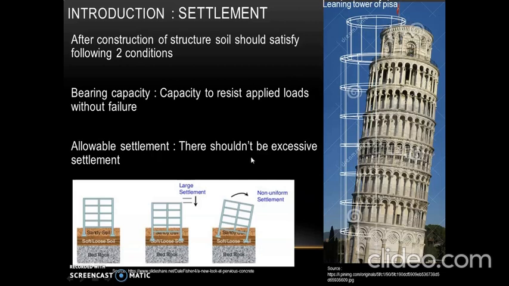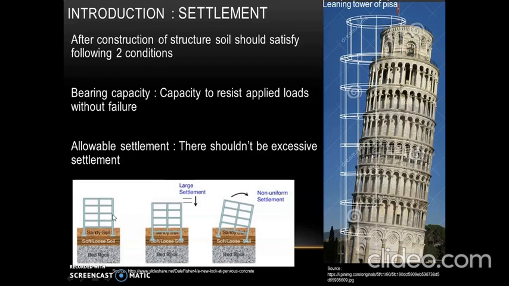And the settlement of the soil should not be more, so there shouldn't be any excessive settlement. In order to see to it that the structure is safe, soil should satisfy both these two conditions. Which are those? First one is bearing capacity, which has to be within the limit, and also settlement has to be within the limit.